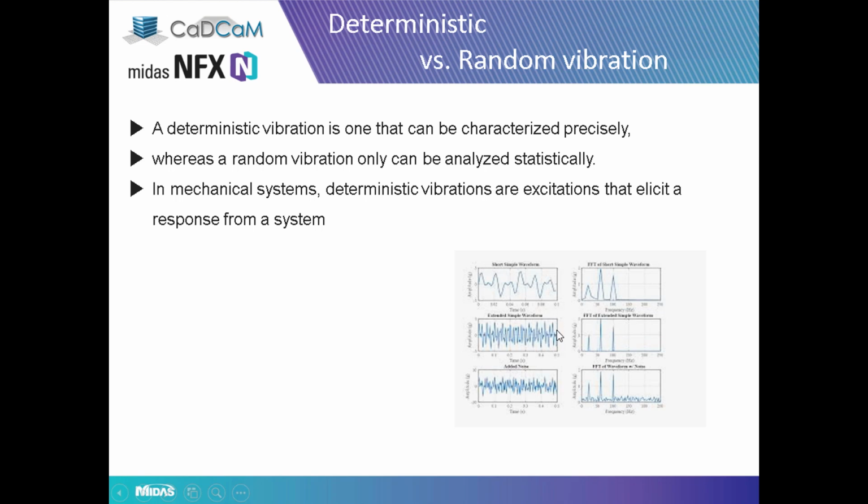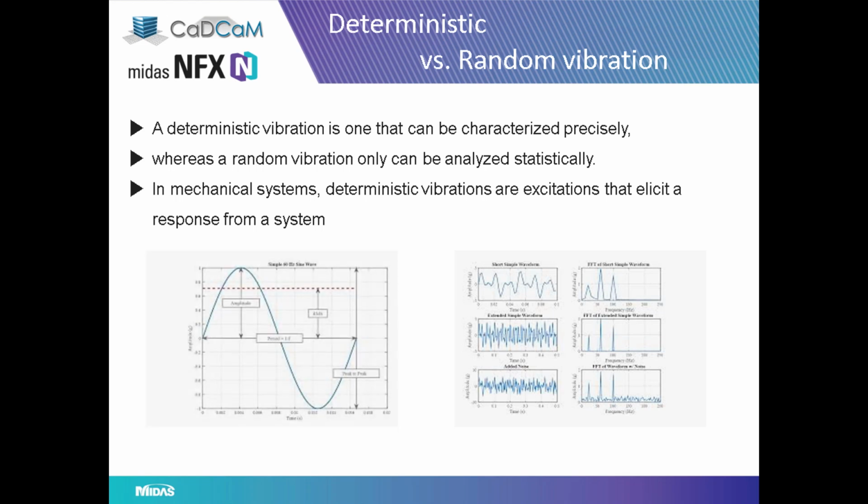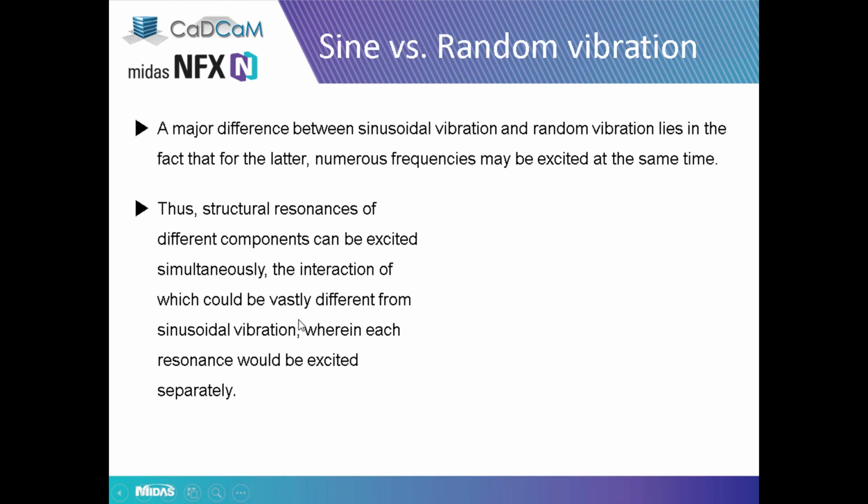We can see 3 examples, in the time domain as well as in the frequency domain. In the frequency domain, we can observe 3 peaks on each curve. Those are the natural frequencies of the system. Whereas the sine vibration has very accurate and precise determination of the amplitude, the phase, and the frequency.